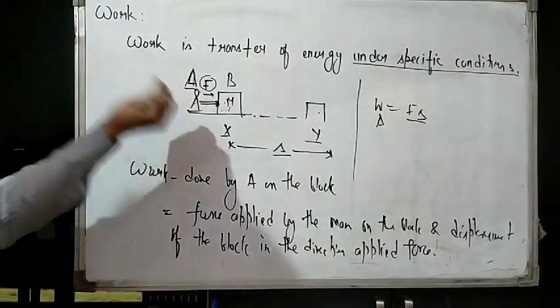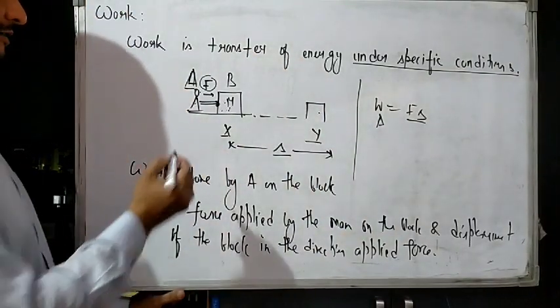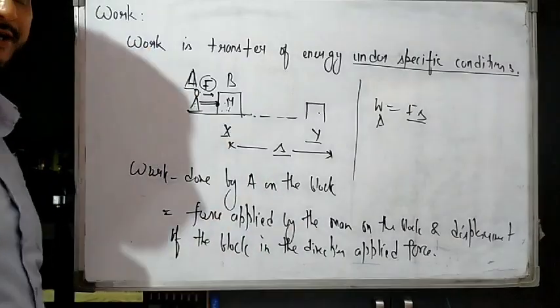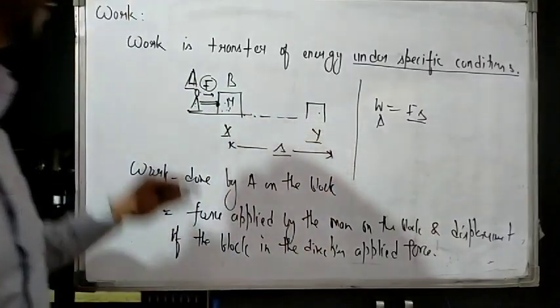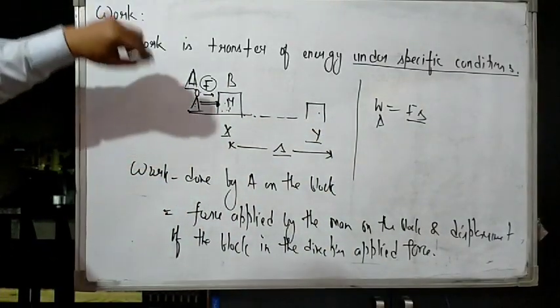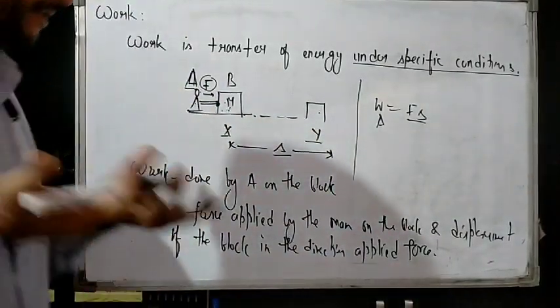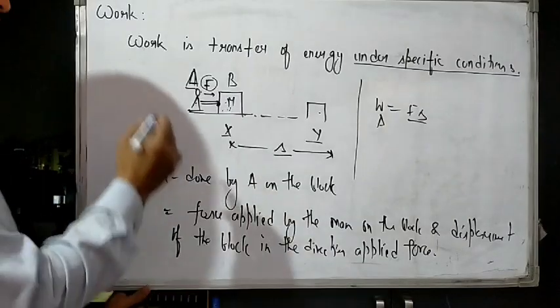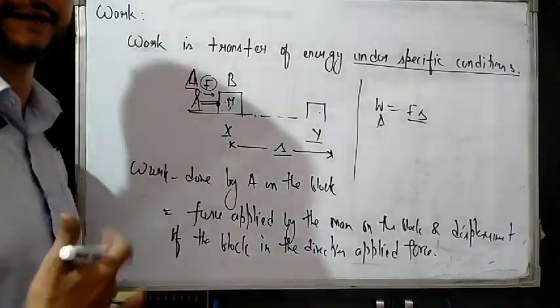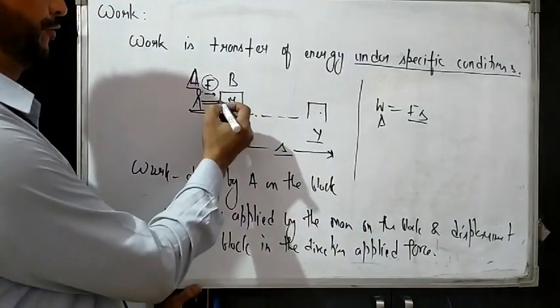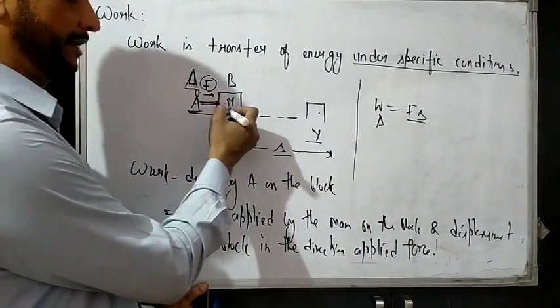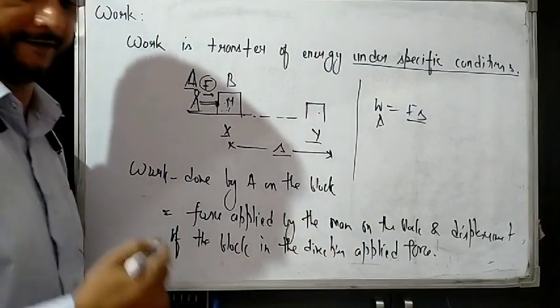Now a genuine question arises: from where does it get the energy? He applied the force, he pulled the block. So in that case the man has utilized his chemical energy, which is converted into mechanical energy, due to which this block B moves from x to y.